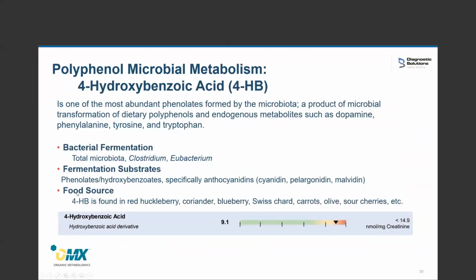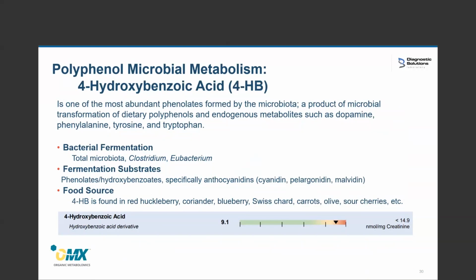Just looking at this one, 4-hydroxybenzoic acid is the result of bacterial fermentation of anthocyanins, generally by Clostridium or Eubacterium. Sometimes the research found just total microbiota, but they're looking at those anthocyanins. I'm just going to say purple, blue, and blue-greenish type foods.